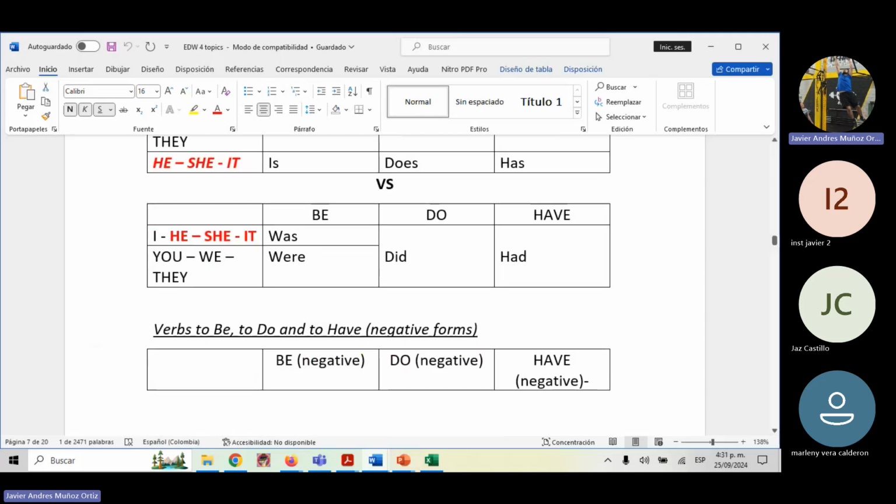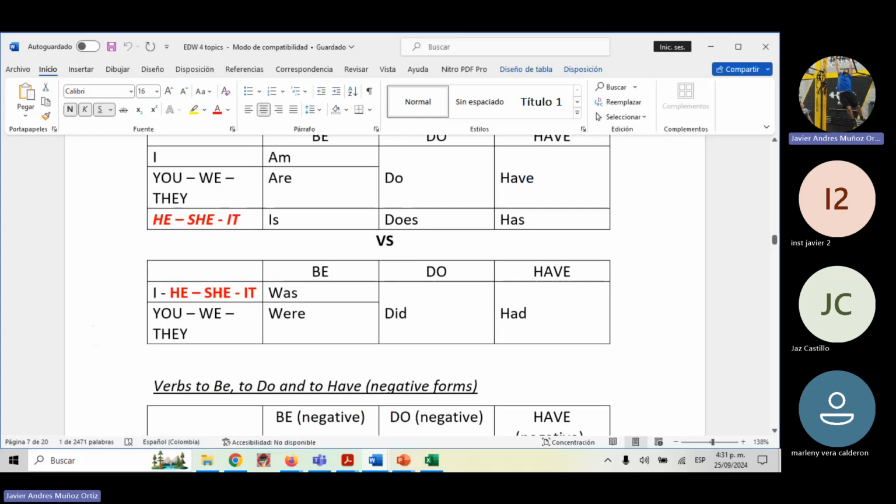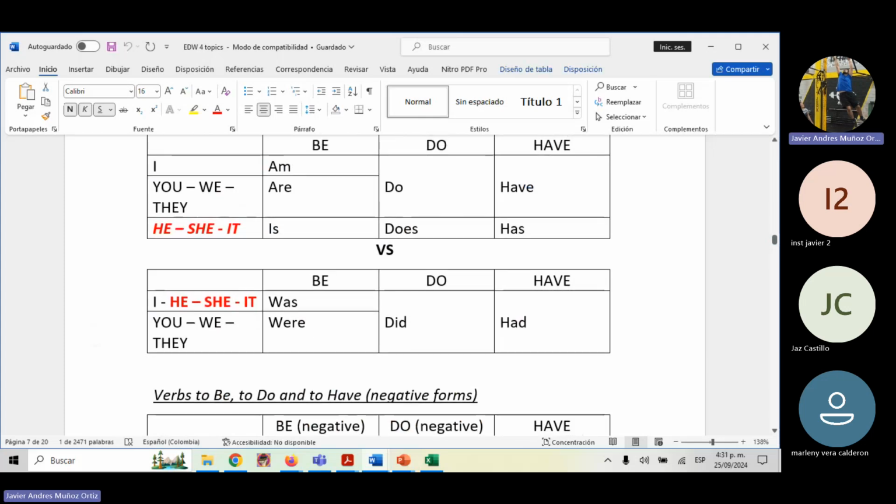So in simple past tense, the verb to be is not going to be conjugated as am, is, and are. It's going to be conjugated, of course, but it's not going to have three forms. It's going to have only two. And these conjugations are going to be was and were.